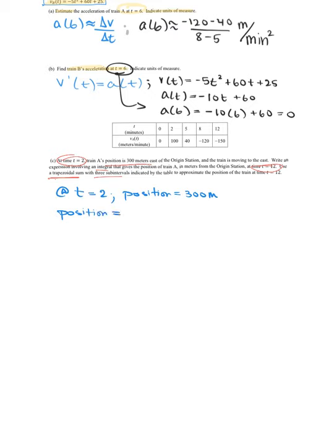Like, where did it start? We would write that as something like x sub a, and then plus the change in position. The change in position means the integral of velocity, right? And so this is my initial position, right?